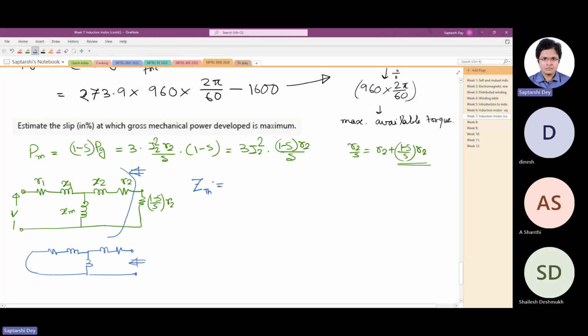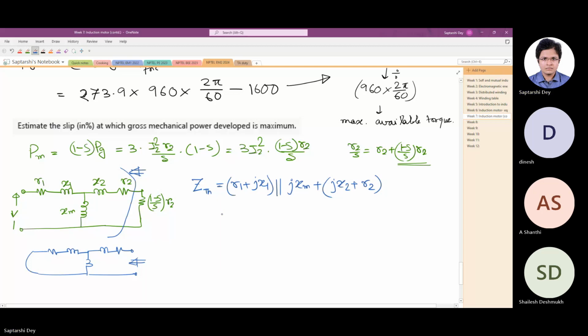So it becomes R1 plus jX1 in parallel with jXM magnetizing branch, and this whole combination in series with the rotor resistance jX2 plus R2, right?